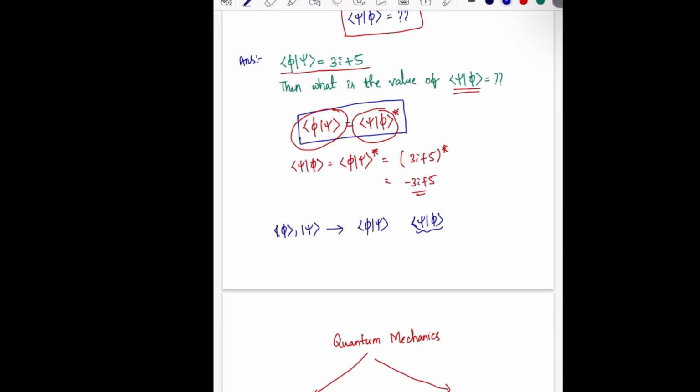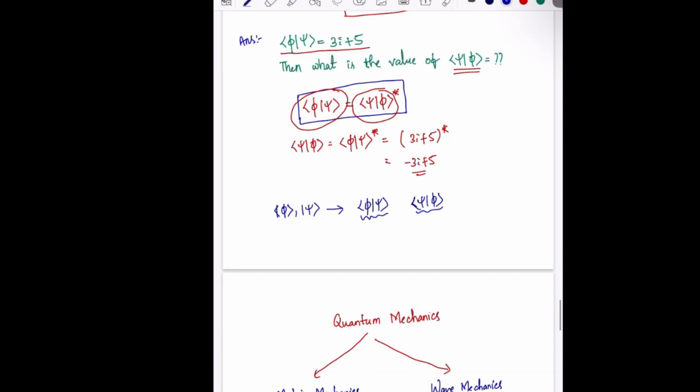You just take the value you got for this and take its complex conjugate. This will ease your calculation. If you know this, then you can simply calculate the value of this inner product by taking the complex conjugate of the one that is given to you. I think this is clear to everyone.